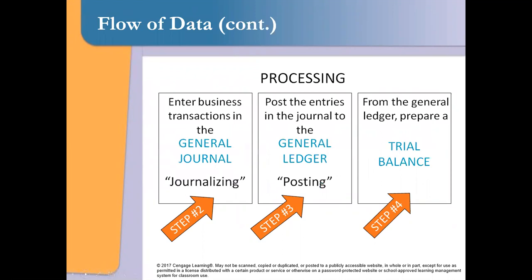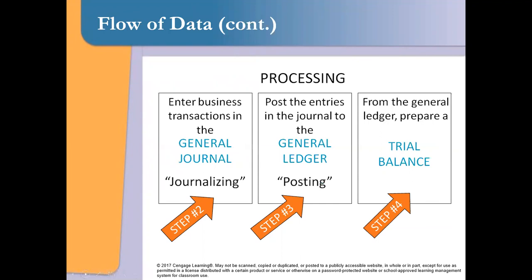We get those source documents, and the first thing we do is enter that into our general journal. I want you to think of the general journal as a notebook. In most cases, it is not that, but we can think of it as a notebook that you, as a business owner, walk around with in your hand, and anytime a transaction happens, you just jot down what happened.